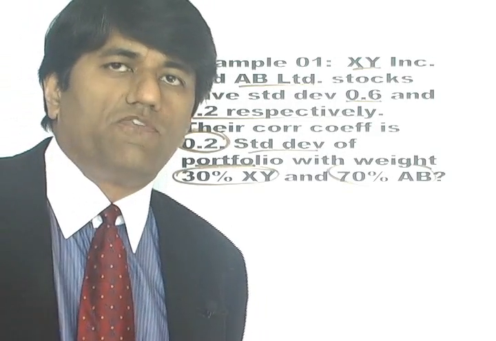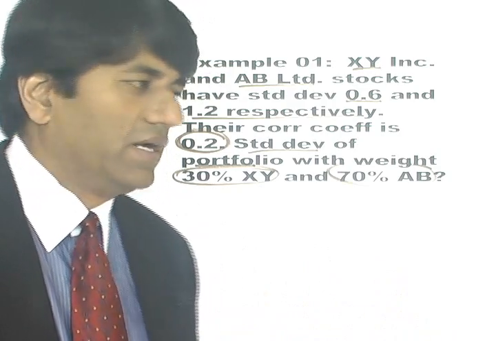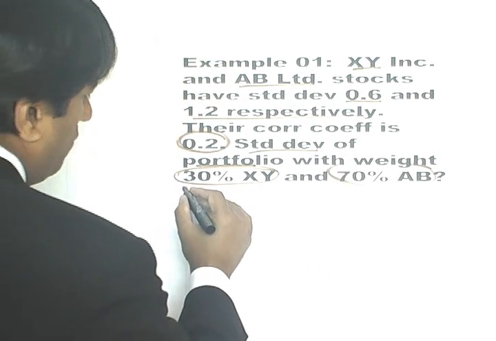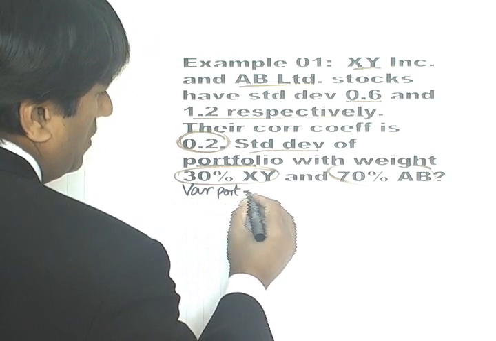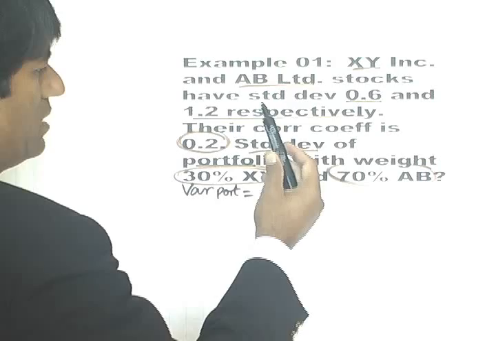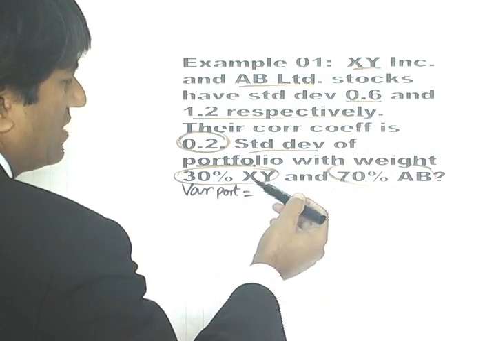So we are going to use the formula for the variance of the portfolio that we did earlier. And the variance of a portfolio is the square of the weight of the first asset.